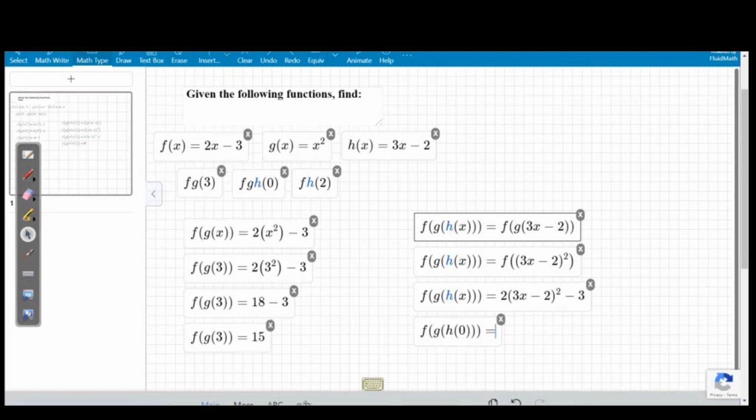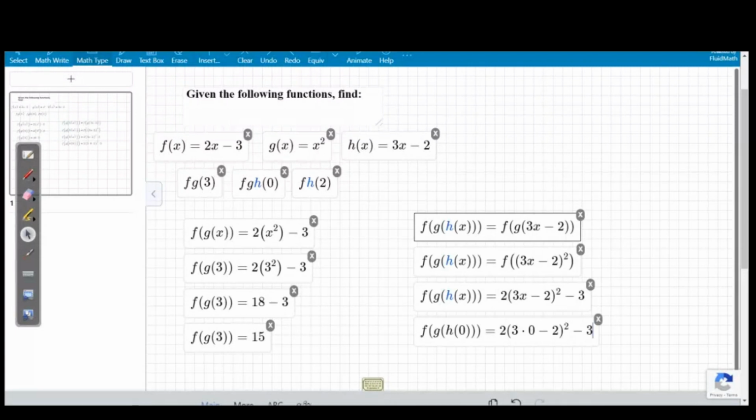This becomes 2 into bracket. We have 3 times x, which becomes 0, minus 2, and we have this all squared, minus 3.